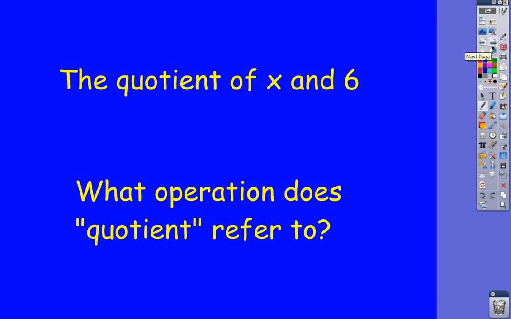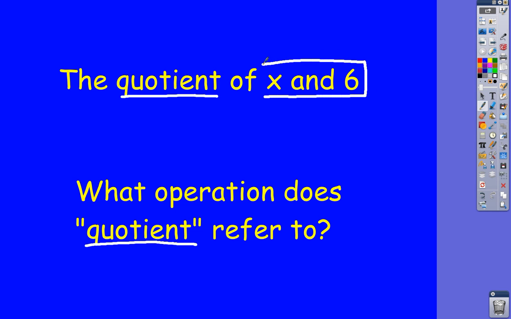Okay, finally we're going to talk about quotient. The quotient of x and 6. We need to think about, what operation does quotient refer to? It would be division. So I need to divide x and 6. I have several options.